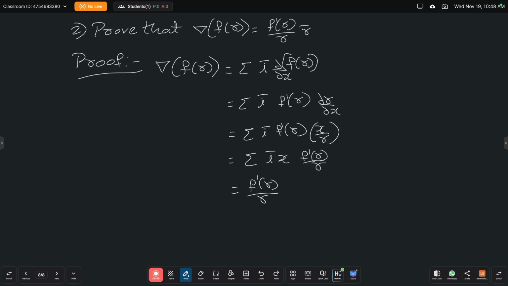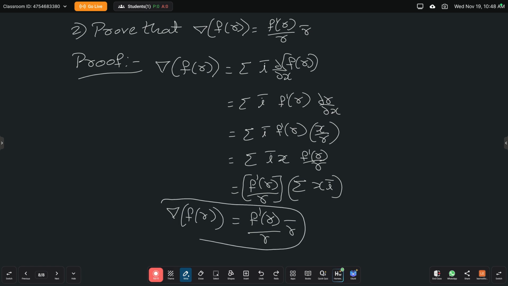Not constant, it is a function of x, y, z, but there is no effect of the summation on this. So Σ x i bar, and we know that the summation of x i bar is nothing but r bar. So finally f dash of r by r into r bar is the proof of del of f of r. This is the thing we need to prove, hence proved.